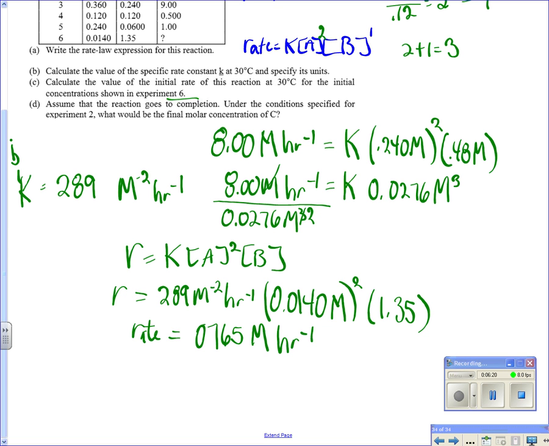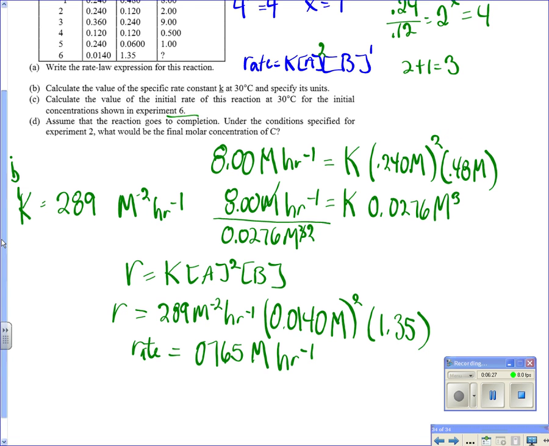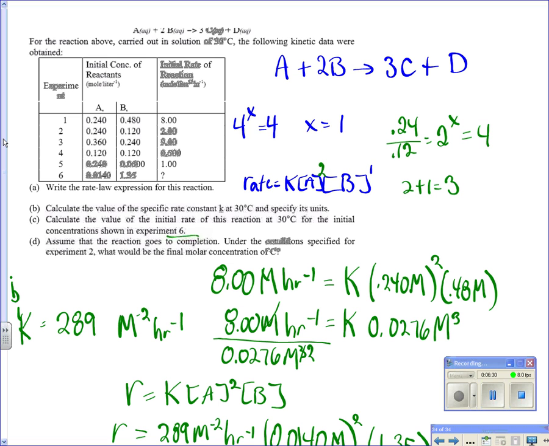Now, for the last question, D, it's really not a rate law problem. What they want is for us to look at experiment 2. So we go up to experiment 2 and look at this information, and I'm going to refer over here to the chemical equation and write some things down. In experiment 2, they're giving me 0.24 for A and 0.12 for B, and they're asking me for C, the final molar concentration, keeping the conditions the same.